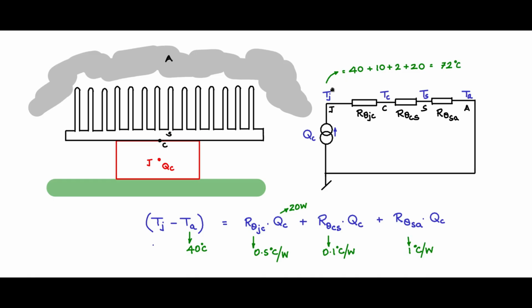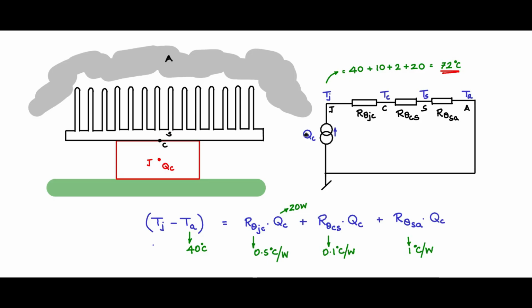So compare this with the earlier value that we obtained of 240 degrees centigrade. By putting a heat sink, you can actually control the junction temperature to a value which is safe, well within the ratings of the particular component.